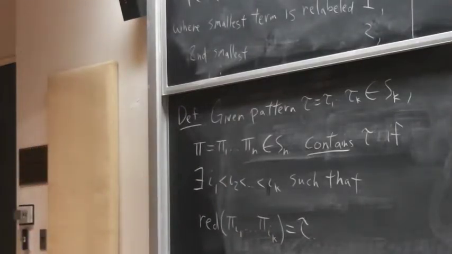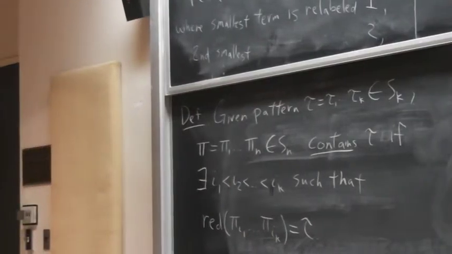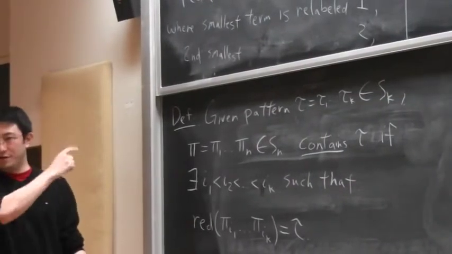And of course, if permutation pi does not contain a pattern tau, then we say that it avoids the pattern tau.